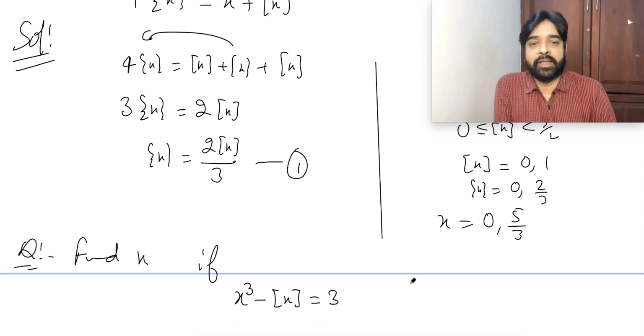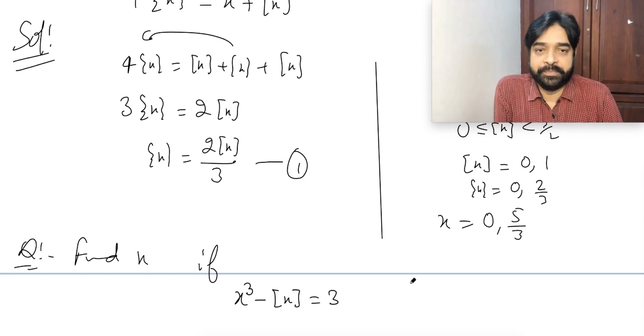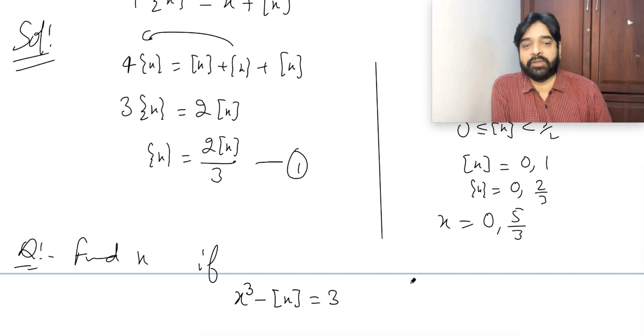Try it and send me the solution if you can solve it. Here this logic will not work. If you put x equal to greatest integer x plus fractional part of x, you will collapse. Greatest integer x plus fractional part of x whole cube will come, square, cube, and no chance of solving. You have to use the logic of graph. Think and try to solve this question.